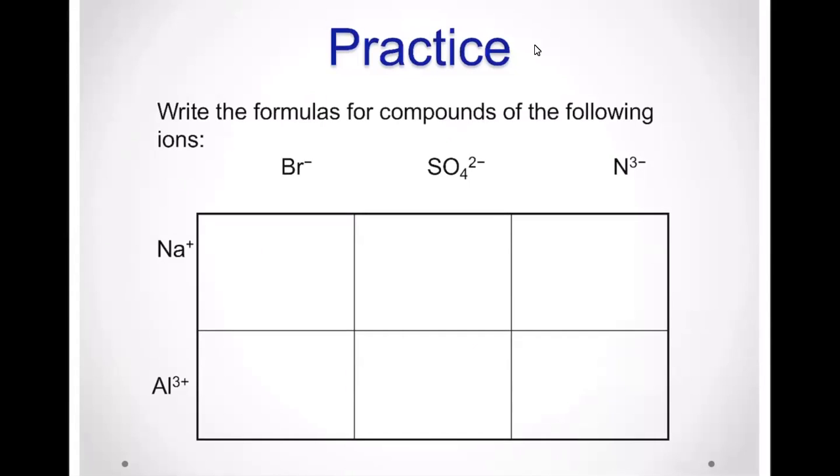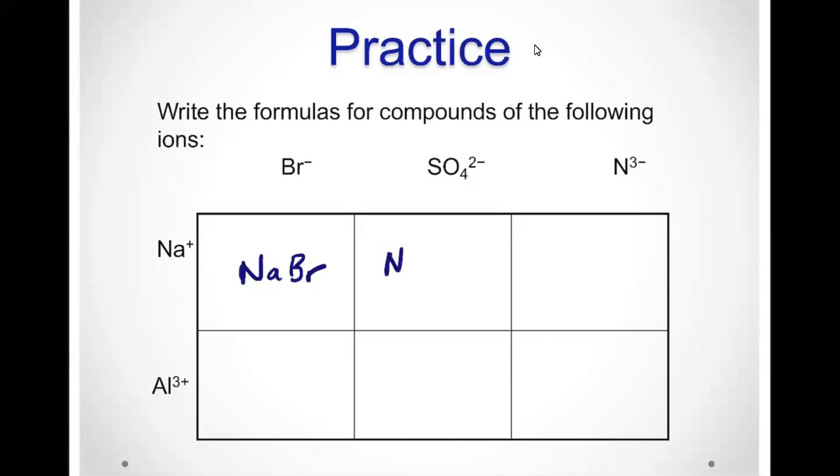Okay, so we're combining sodium with the ions above, the bromide, sulfate, and the nitride. Okay, so we see that sodium is +1, bromide is -1, so they balance, so you'd write NaBr. Now we have sodium +1 and sulfate -2.